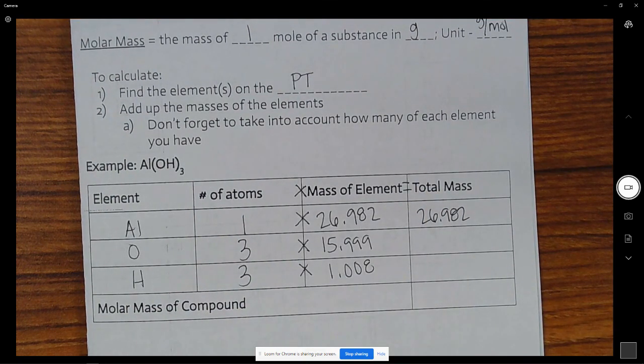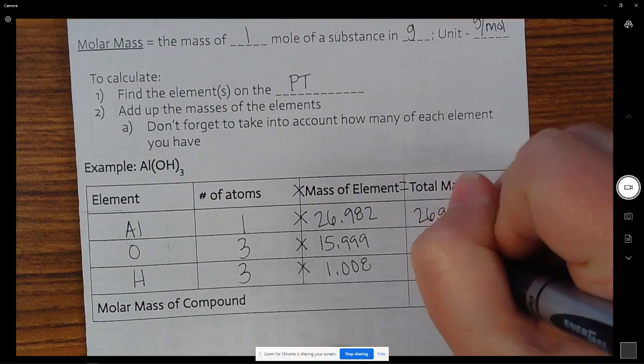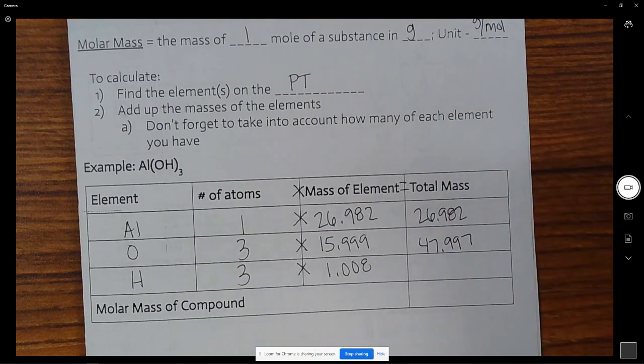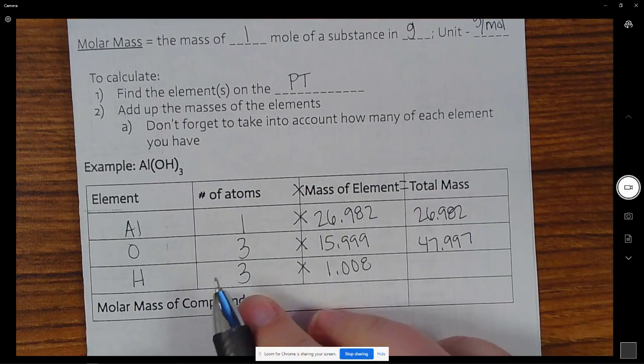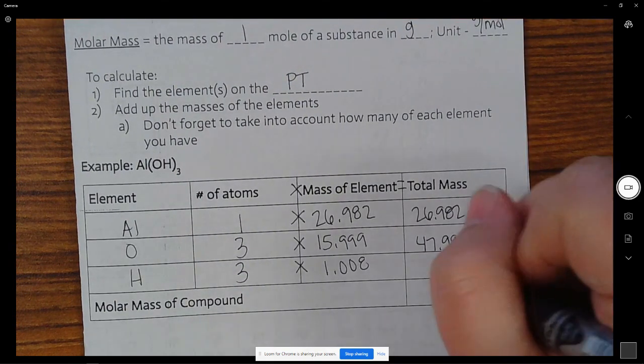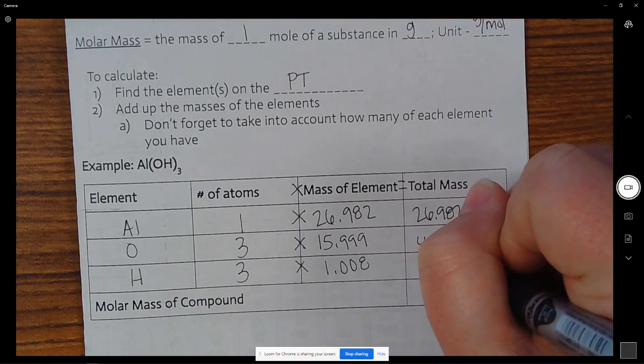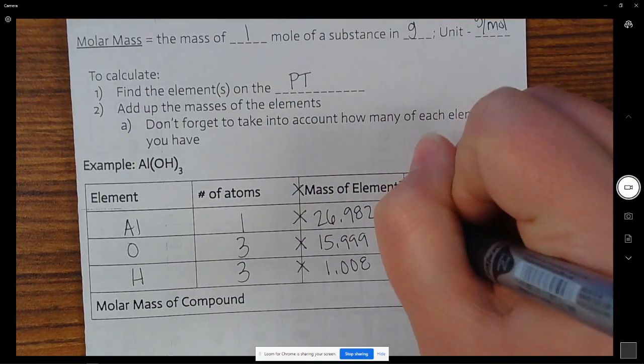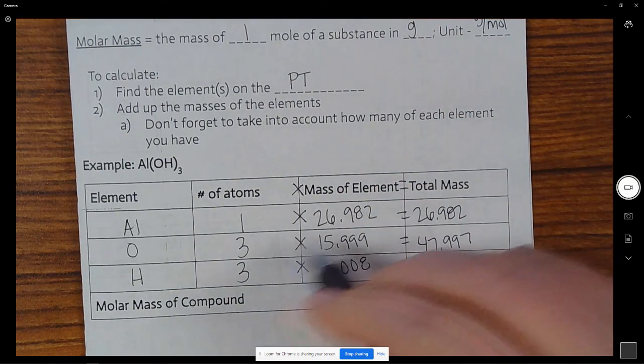Then using your calculator, 3 times 15.999 gives you 47.997. Then we have our hydrogen, 3 times 1.008. You type that into a calculator, you should get 3.024. So that's the total mass of our element.